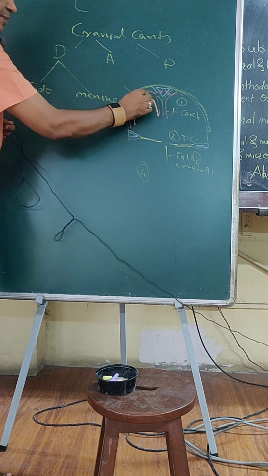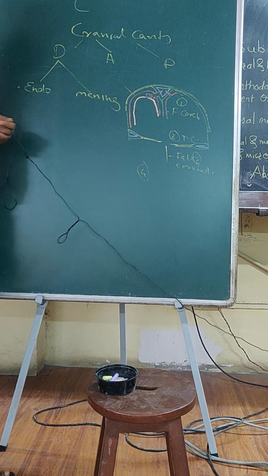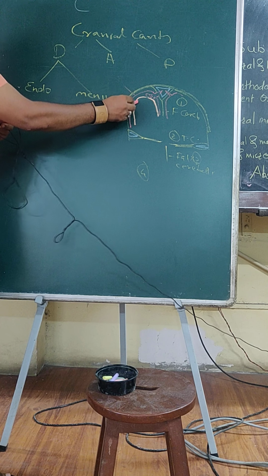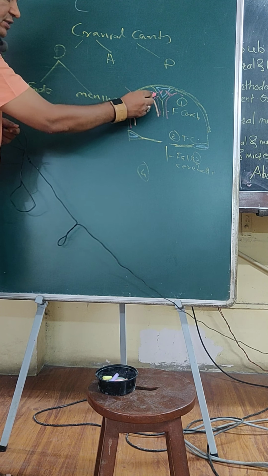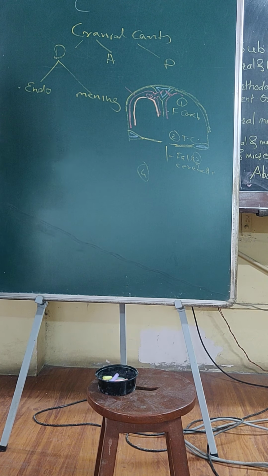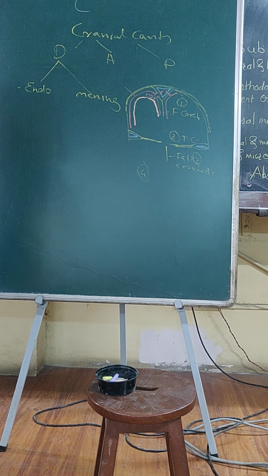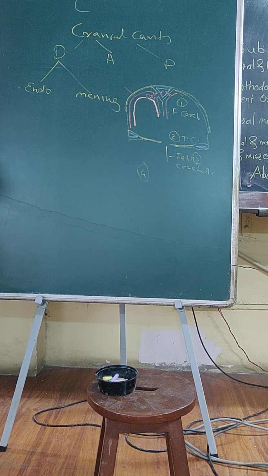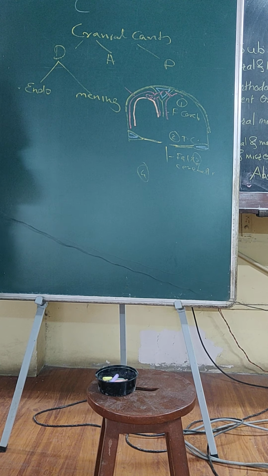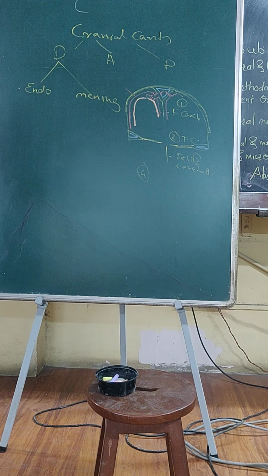CSF is here, right? Dura, arachnoid and pia, CSF. This is how CSF is drained into the dural venous sinus. Understood? So much CSF is produced, so it has to be drained. So it is drained into the dural venous sinus. Okay.